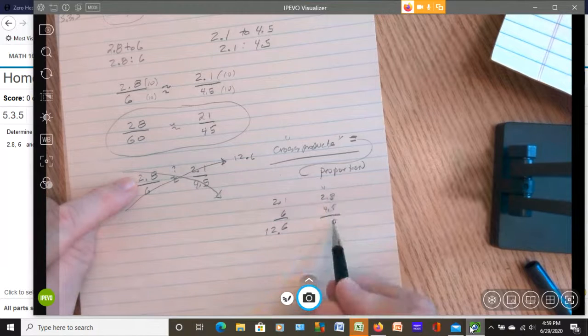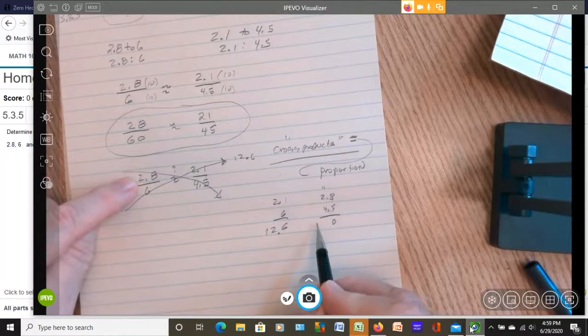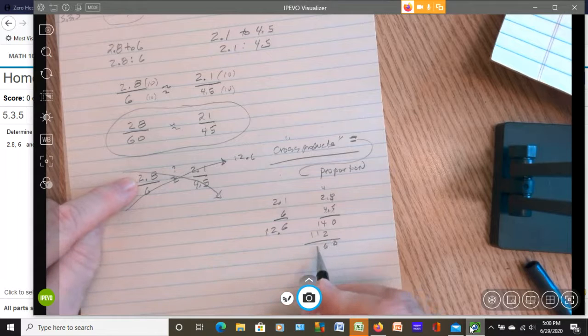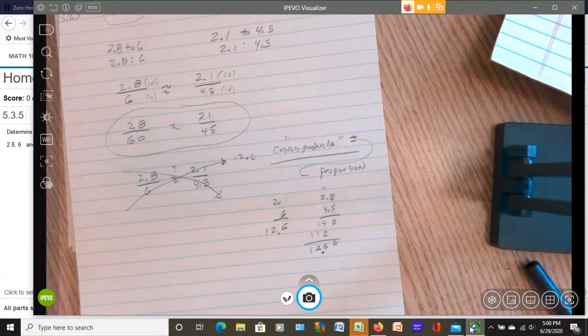Yeah, 5 times 8 is 40. 5 times 2 is 10, plus 4 is 14. 4 times 8 is 32. 4 times 2 is 8, and carry the 3 and I get 11. I get 0, 6, 2, 1 and I have to count off 2 places. Okay, son of a gun, I got 12.6 both times.